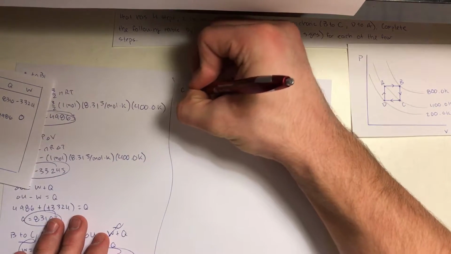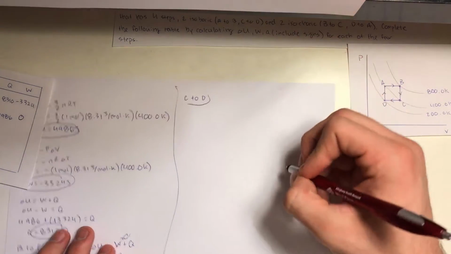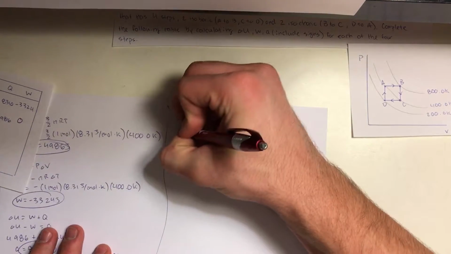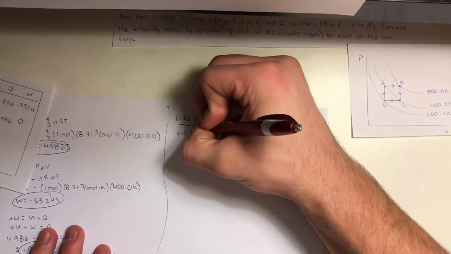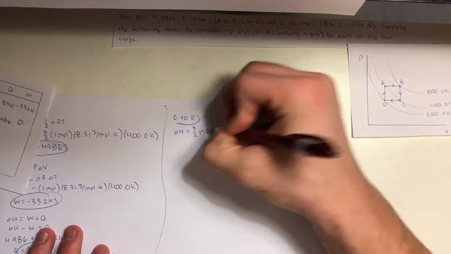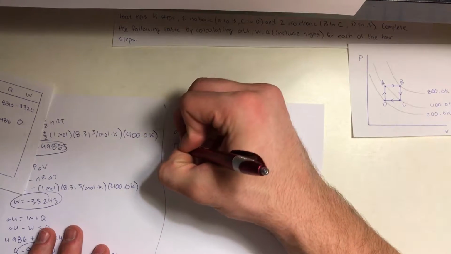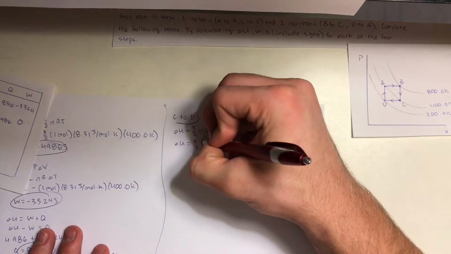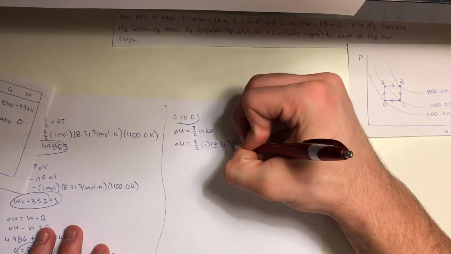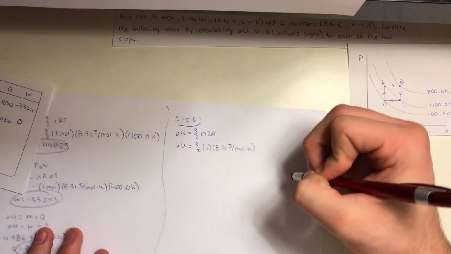What do we got? C to D. Alright, so we can start this one with whatever we want. I'm going to go with the change in internal energy equals 3/2 nRT. And our change in T, delta U equals 3/2 1 mole, 8.31 joules per mole times Kelvin.